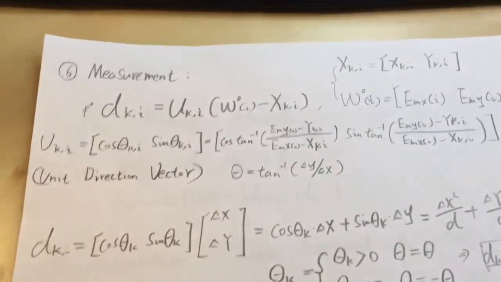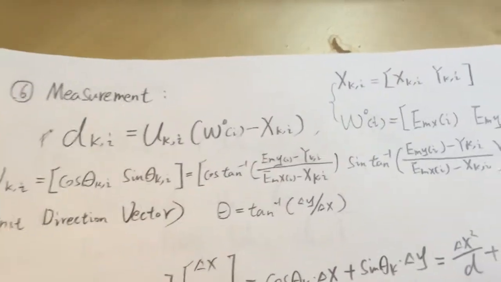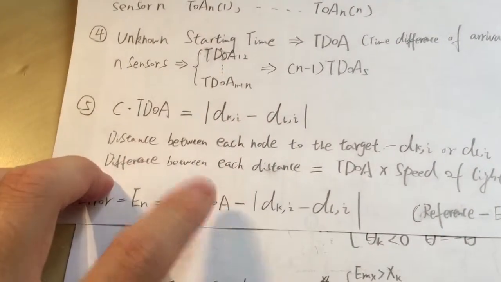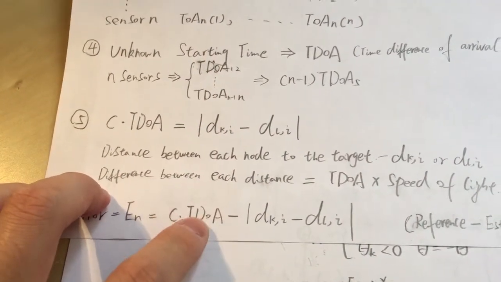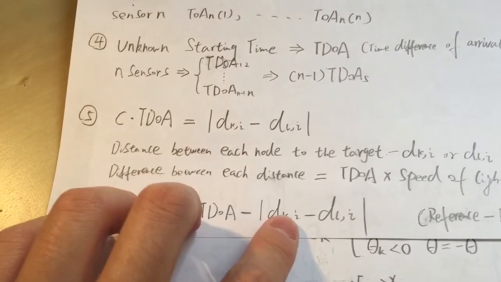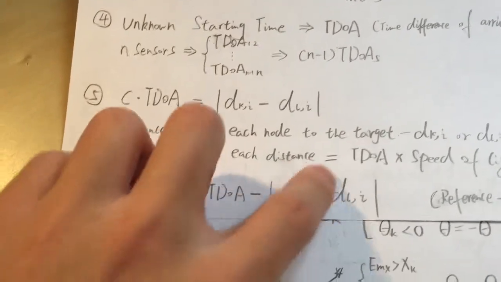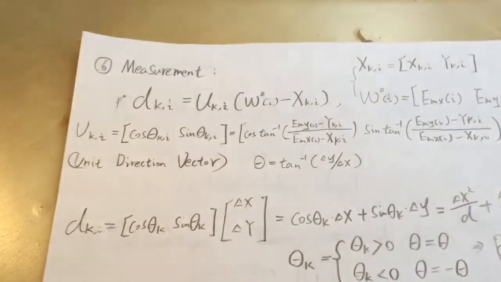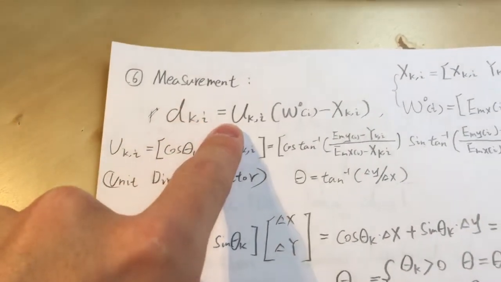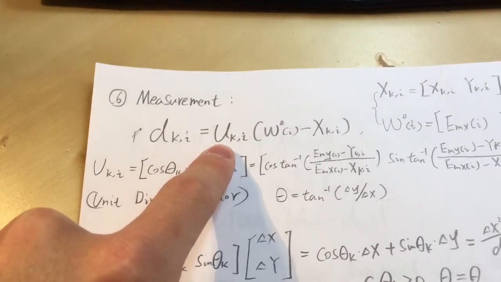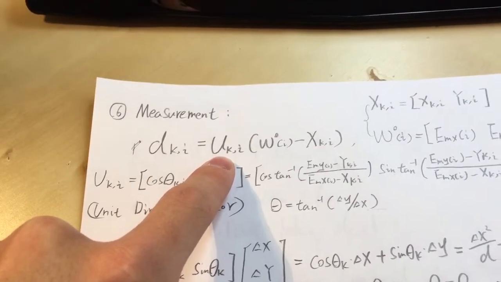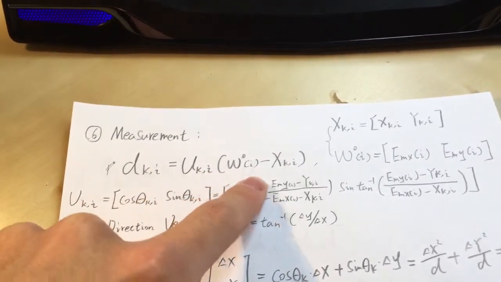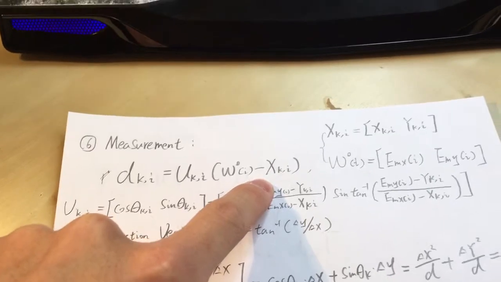And for the measurements, from the previous page I talked about the real TDOA times the speed of light. For the next, the measurement will be the decay. How is that going to be calculated? Decay equals the unit direction vector u_k times the target minus the sensor location.